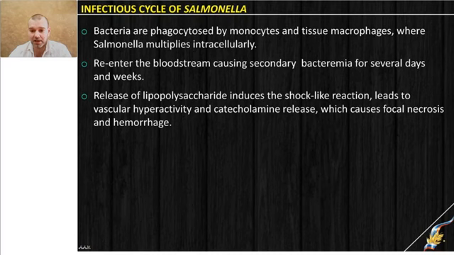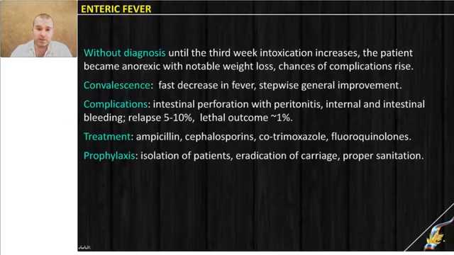Actually, any organ can be affected. That's why we have multiple clinical manifestations, but again, mainly it is the liver and spleen with focal necrosis and hemorrhages in tissues on pathologic investigation. So without diagnosis, it is very possible to have a lethal outcome because of formation of ulcers, perforation of the intestine with peritonitis, internal bleeding, intestinal bleeding.